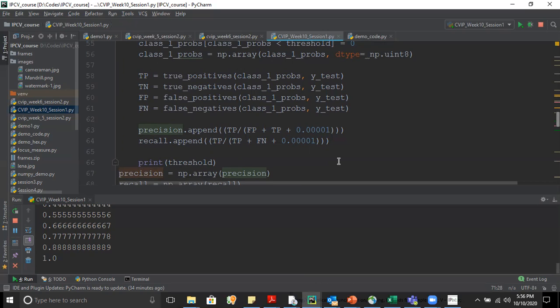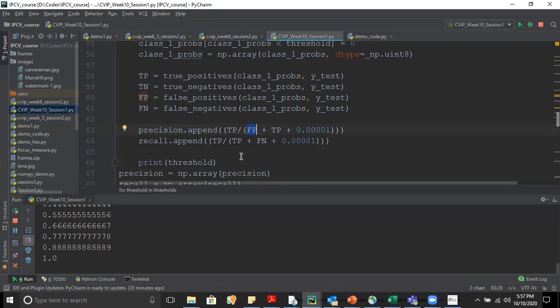So the image features are coming in, and you are classifying that particular test example into the breast cancer category. So the total number of examples classified into class 1 is what you get by false positives plus true positives. And among them, there is always a possibility that a few of them are incorrectly classified into the breast cancer category. All those incorrect examples come under the false positive case.